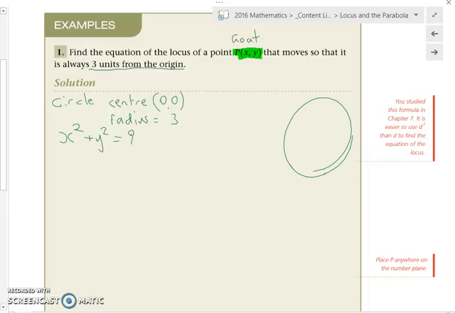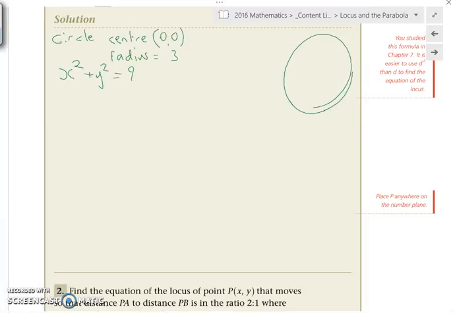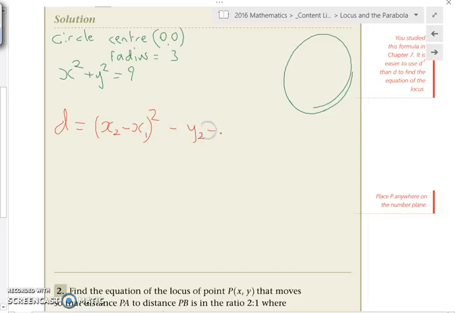Very similar, yes. What you've got to do is start with the distance formula. I'll show you. Do you remember the distance formula off the top of your head? Yeah.